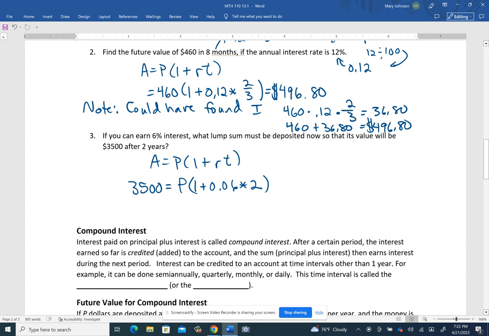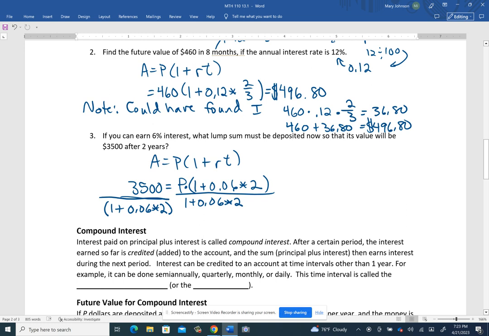So this requires a little bit of algebra. You've come from 98, or you've placed it here directly, so we feel like you can handle this. We could just divide both sides by 1 plus 0.06 times 2. The problem is, you have to be pretty careful on that left-hand side when you go to evaluate that. Watch it, because this horizontal fraction bar is a grouping symbol, so that denominator would need to be worked out.